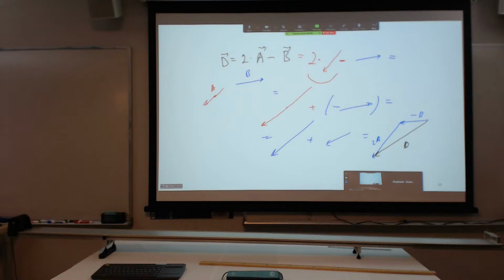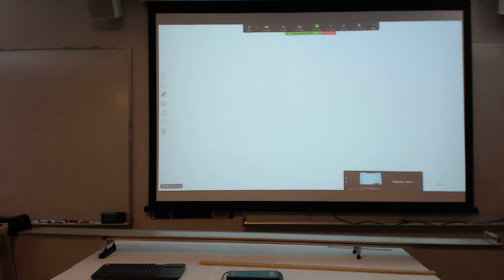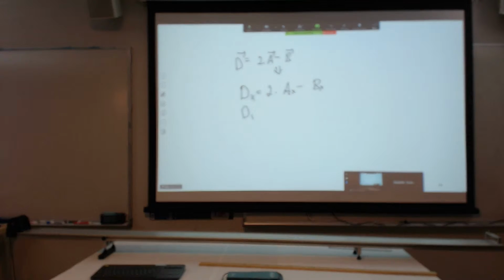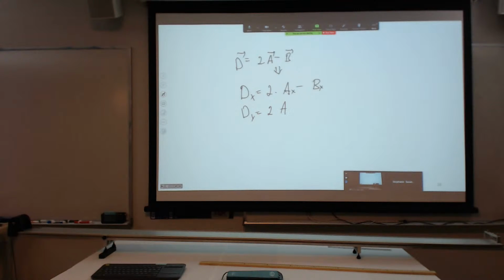Now components. If D is equal to 2A minus B, and that's the easiest part, dx equals 2 times ax minus bx, and dy equals 2 times ay minus by.